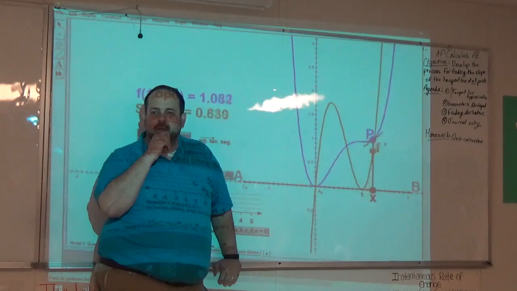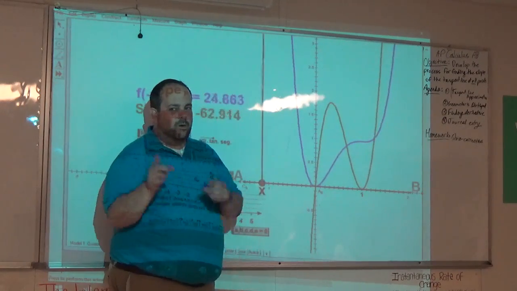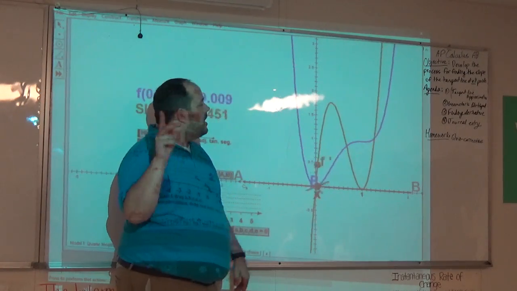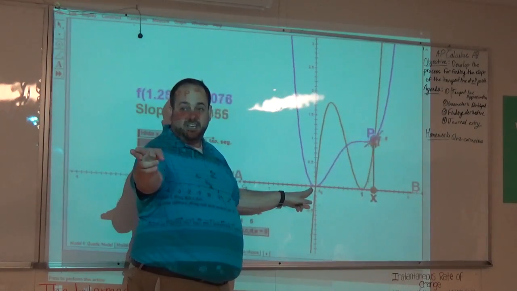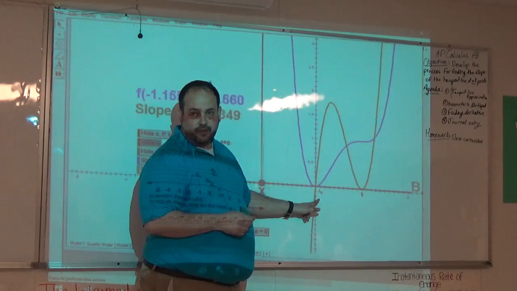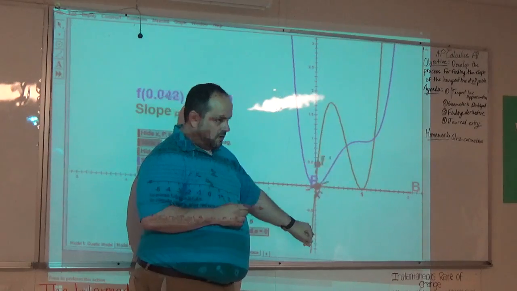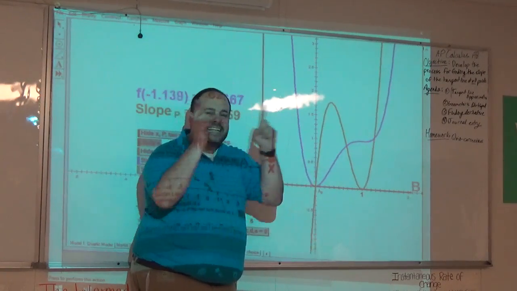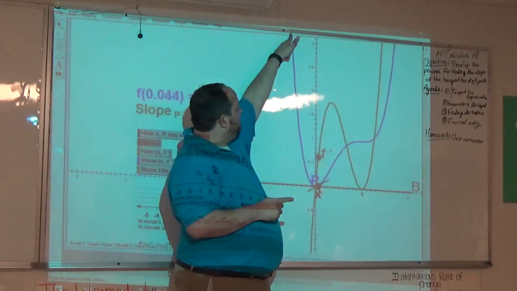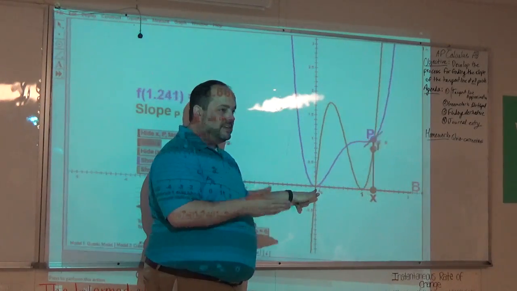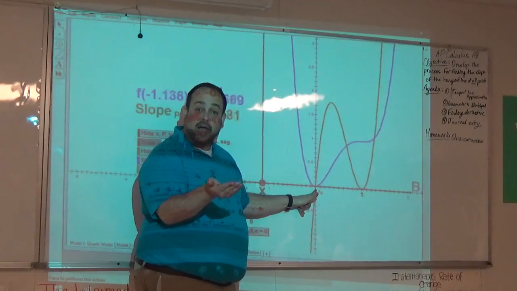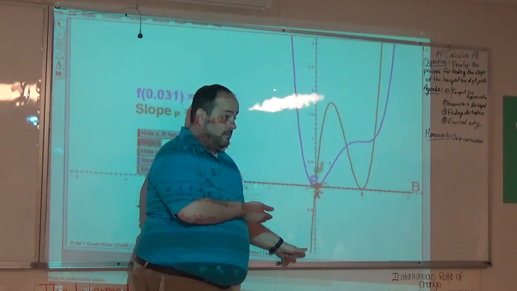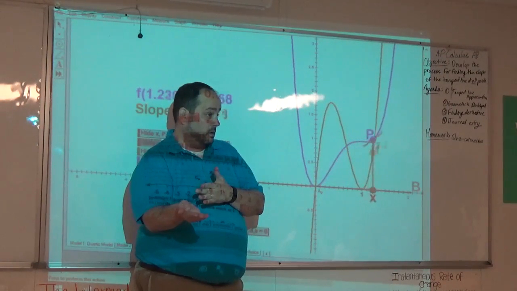Carmen, what are you saying? When the blue graph, the function, is decreasing, the green graph is negative. Remember, what's the green graph? It's the slope. So if the blue graph is decreasing, the green graph should be negative. Does the flip of that work?